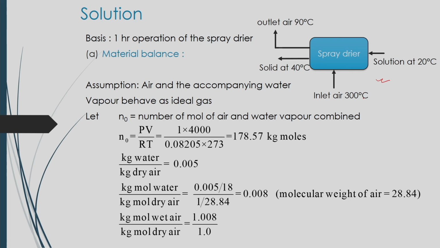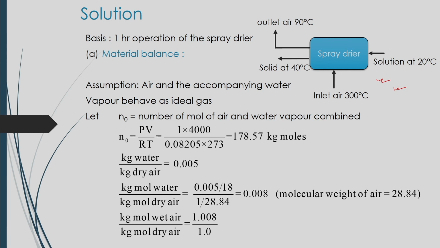After drying, the outlet air will be coming at 90 degrees Celsius with a certain moisture content, and the solid coming out as dry product will be at 40 degrees Celsius. Now, based on this schematic diagram and its streams, you have to do some material balance to find out the moles of air and solution coming to the spray dryer, all those things.